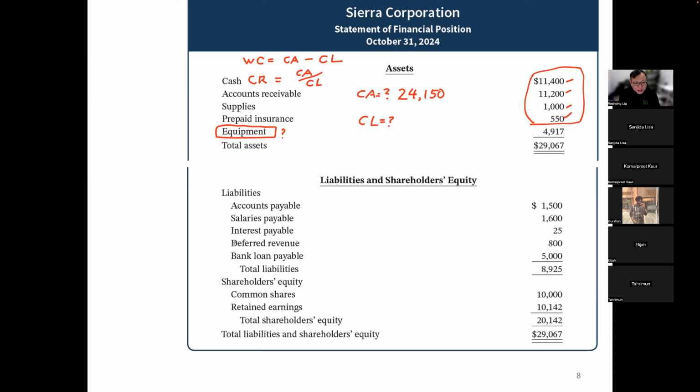Deferred revenue, this is the situation we talked about, where they pay you cash in advance without you delivering the service or the goods yet, right? And the bank loan payable. So this is all current liability. Now my total liability is also my current liability. It's this number.